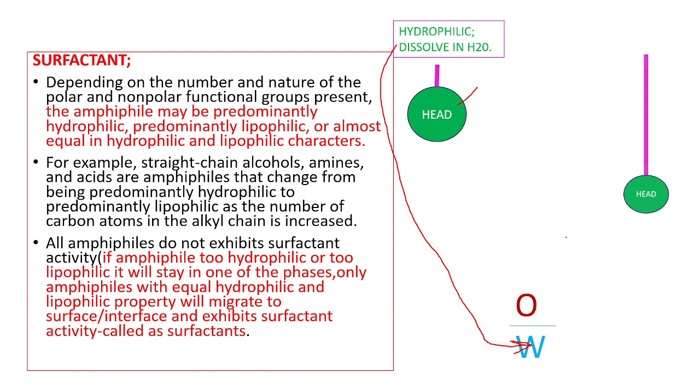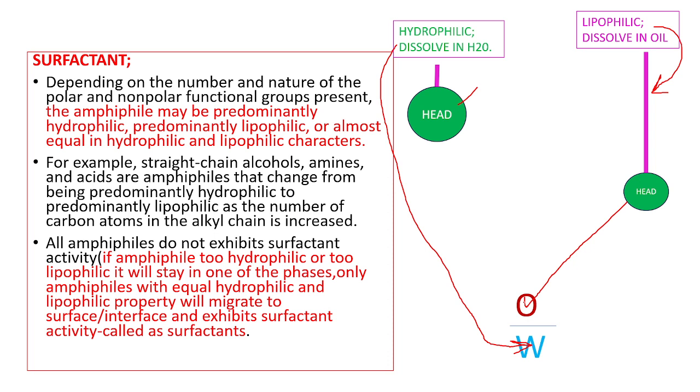Next, the lipophilic amphiphile. Its lipophilicity is due to the presence of a large non-polar tail portion. If we add this lipophilic amphiphile, it is soluble only in the oil phase.